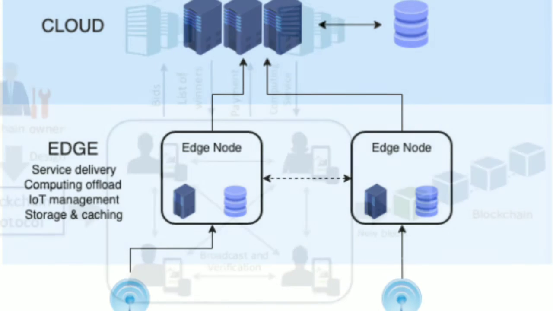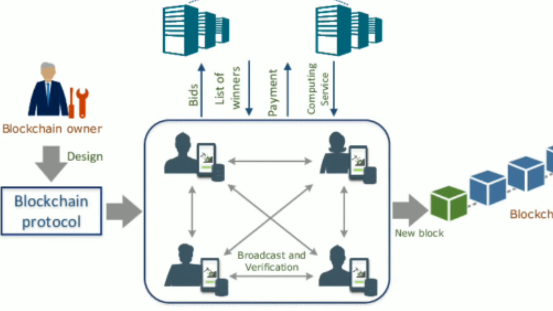The origin of edge computing lies in content delivery networks (CDN) that were created in the late 1990s to serve web and video content from edge servers that were deployed close to the users.